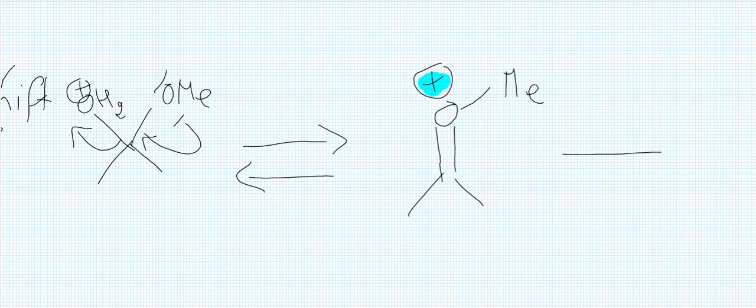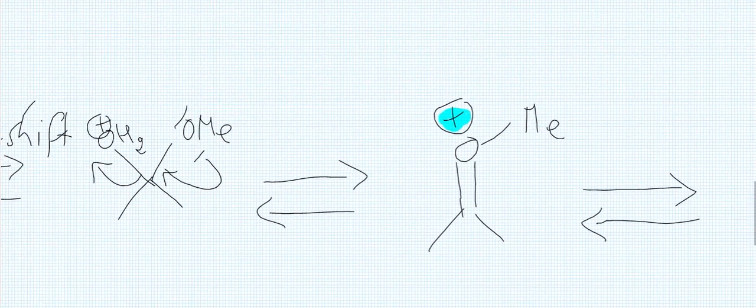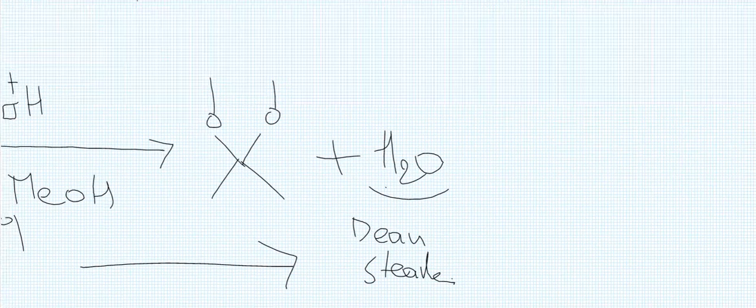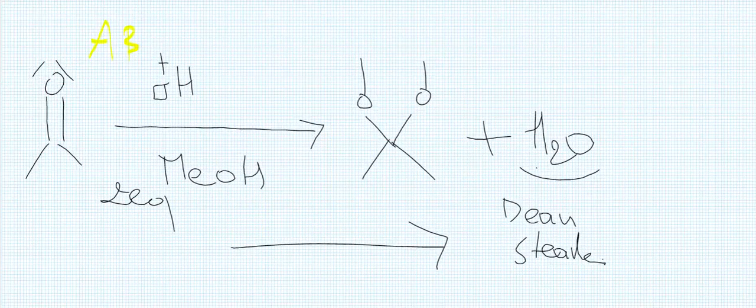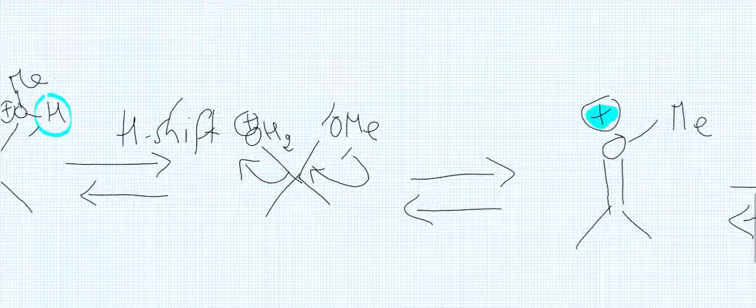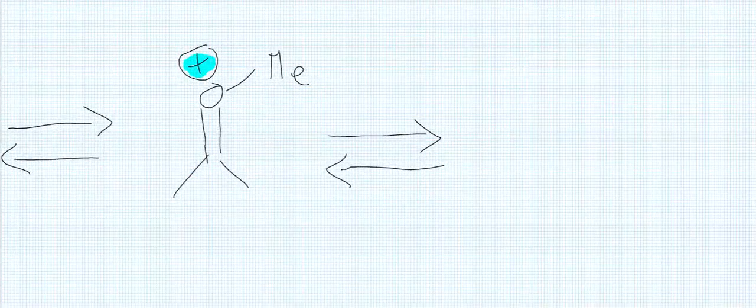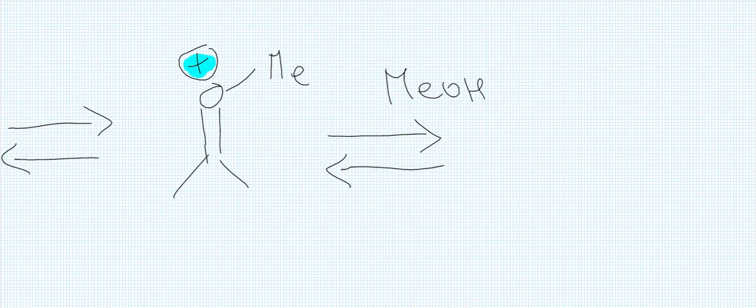We still have another, let me just show you, we still have another molecule of methanol. We had two equivalents, so we started with two equivalents of methanol. So we're going to use another methanol, and we're going to use it to attack this carbonyl compound, the carbon of the carbonyl, and then pull electrons towards oxygen.